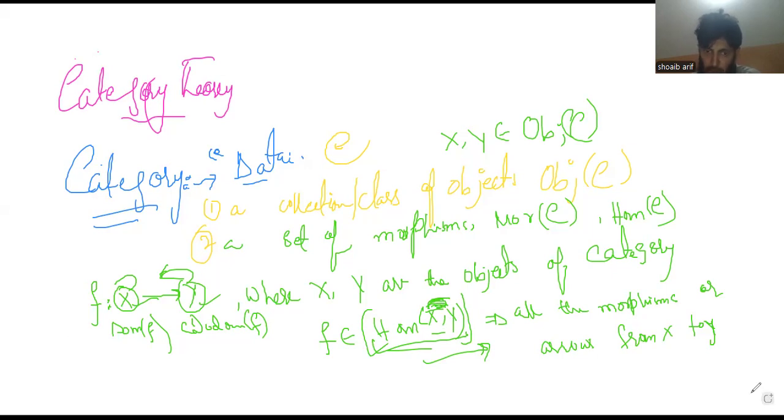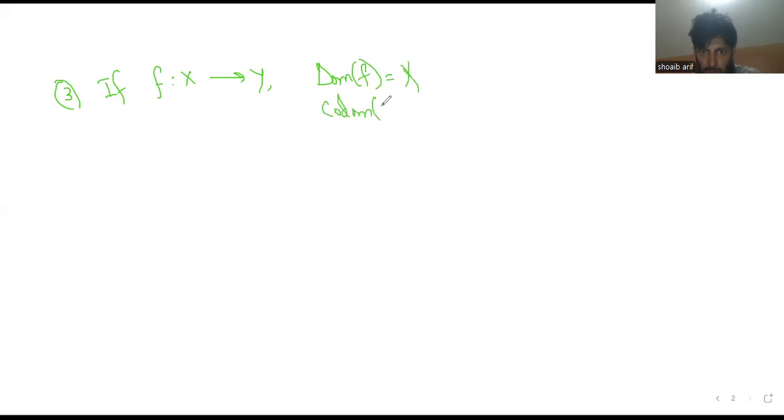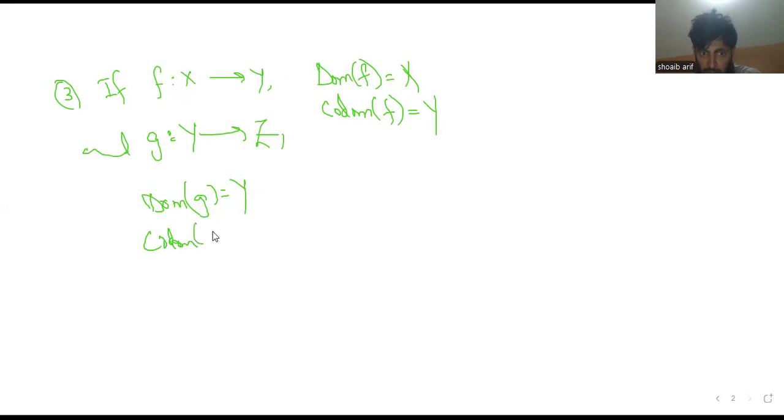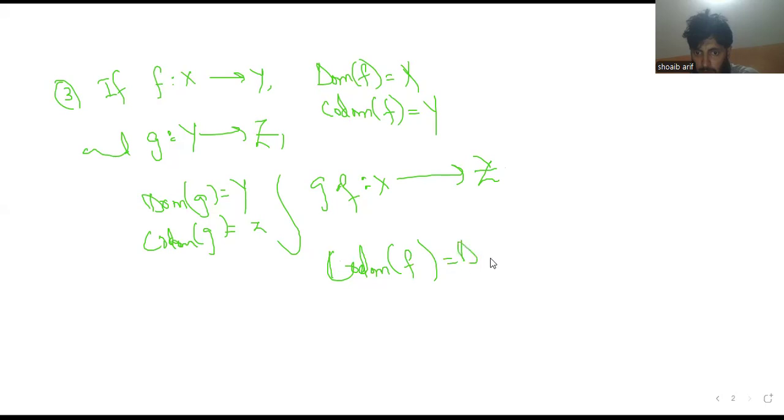So the third thing is composable pairs. If f is a morphism from X to Y, meaning the domain of f is equal to X and the codomain of f is equal to Y, and another morphism g from Y to Z, whose domain is equal to Y and codomain of g is equal to Z, then we can compose g of f, which exists only whenever the codomain of f is equal to the domain of g.